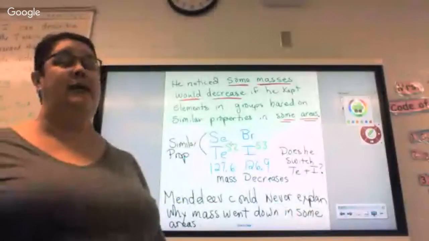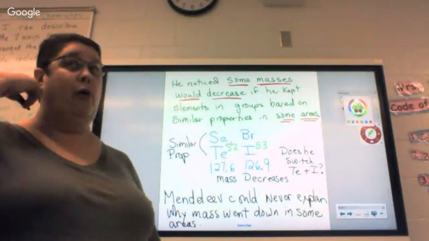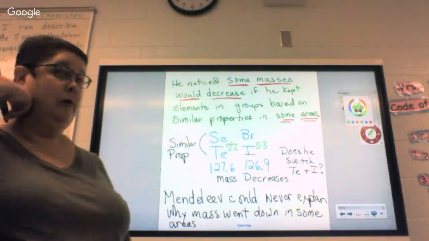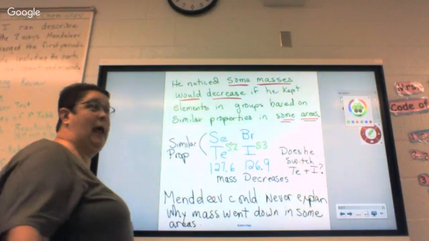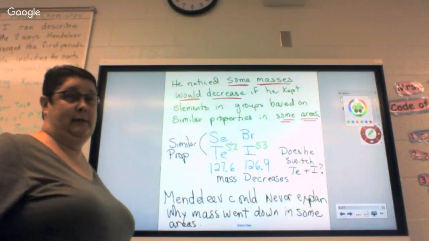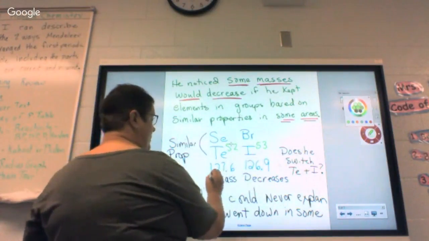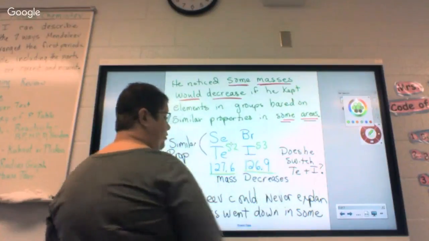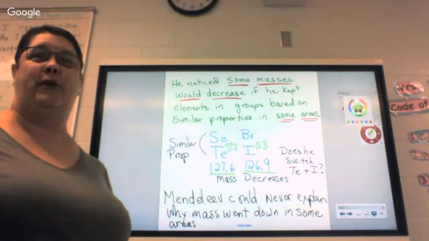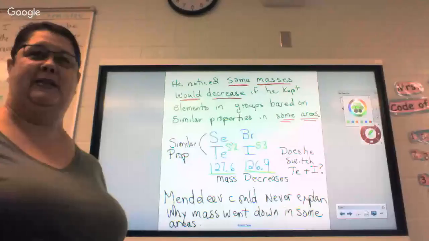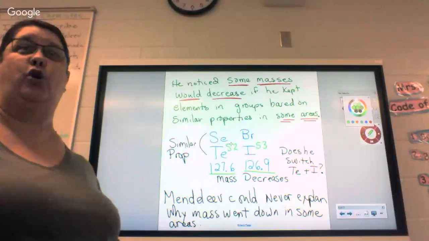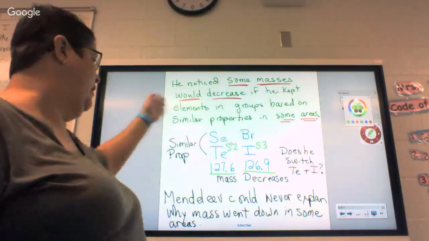They were in order. He just had no idea that they were in the right order, but he had them in the right order. Because the mass went down. See how the mass is 127 and it dipped to 126? The masses went down. He predicted that the masses would increase, and he was like, I don't know why they're decreasing there.